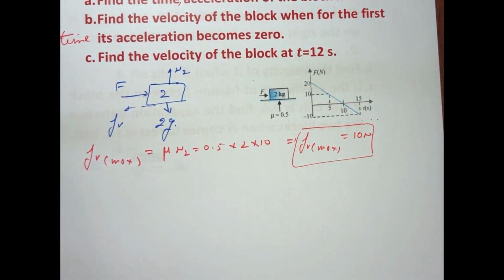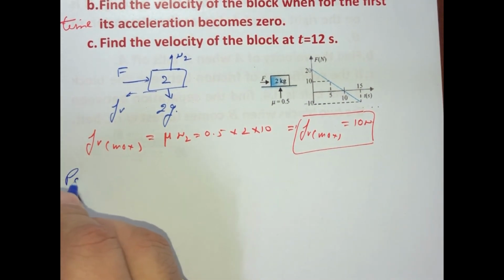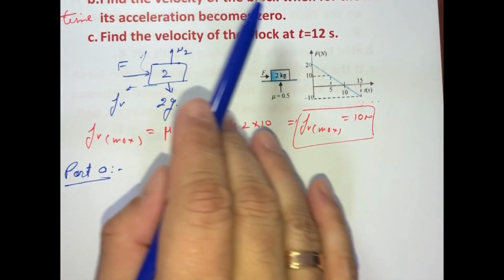Let's start with part A. Here we have to find the time when the acceleration of the block is 0.